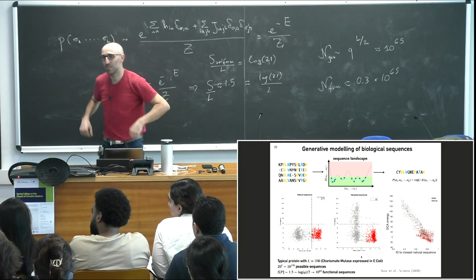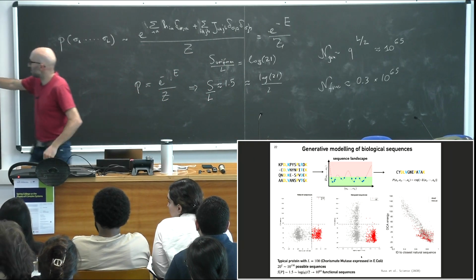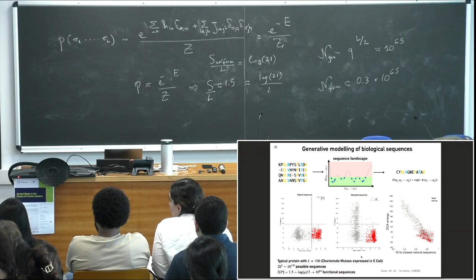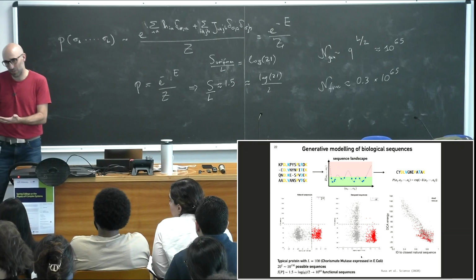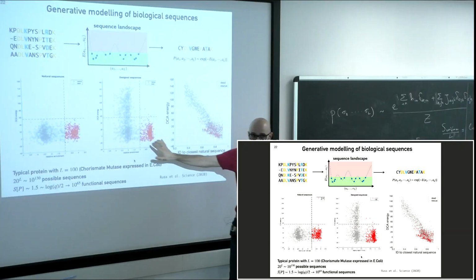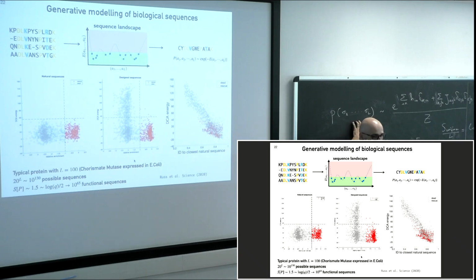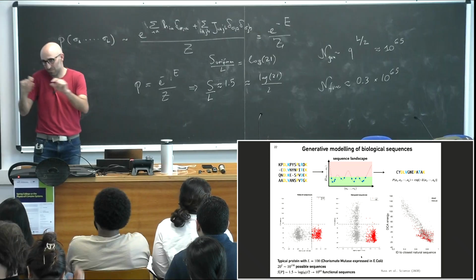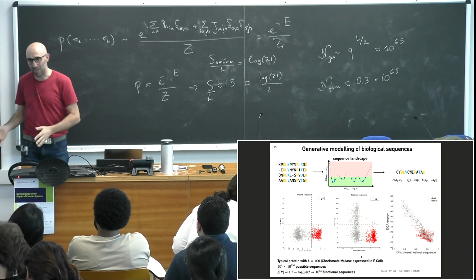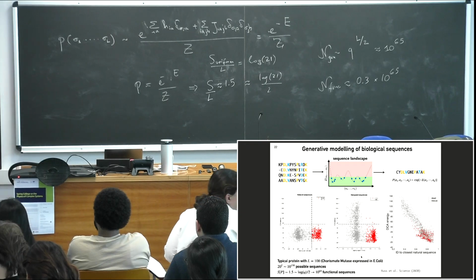Sorry? Yes, how did they test they are functional? This is the test. You generate 1,000, and you see how many of them are functional. They actually synthesize them. So you sample from the model, now you have sequences, and you synthesize them as you did for the natural ones.